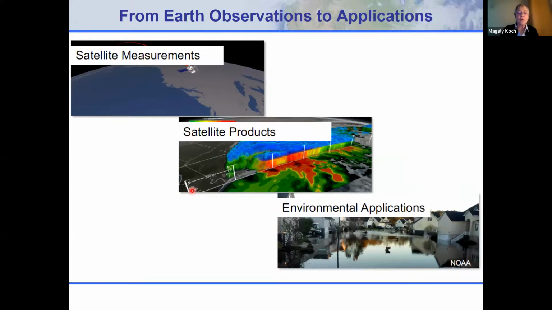Okay, here in the middle we have one of these satellite products, and it shows you basically the three-dimensional structure of a storm cell, maybe a hurricane, and how it's composed, the composition of it, right? And this product was generated by multiple measurements from space, right?